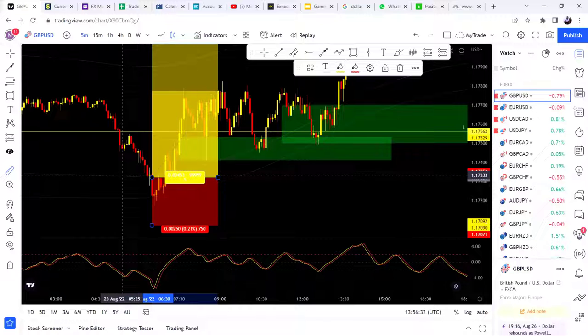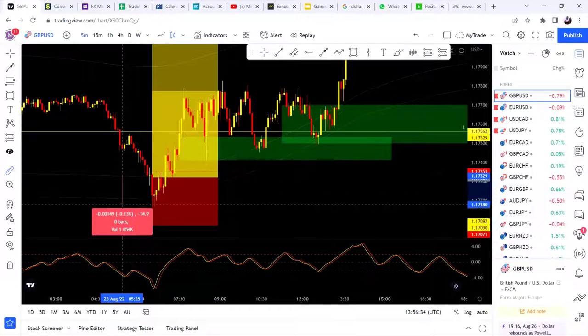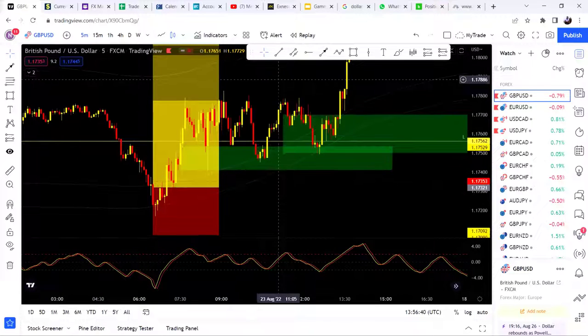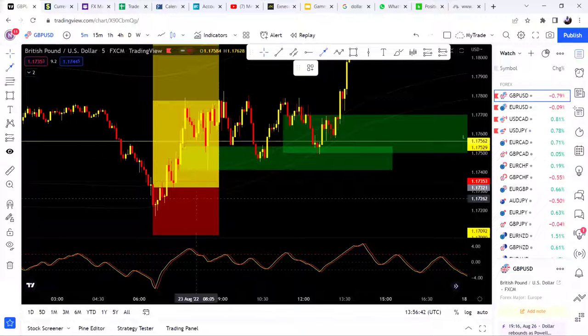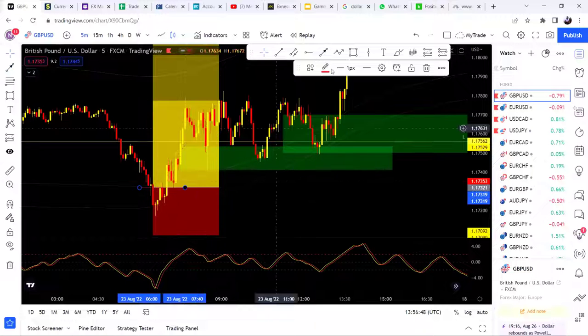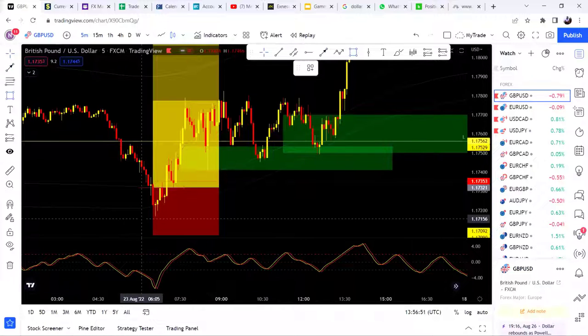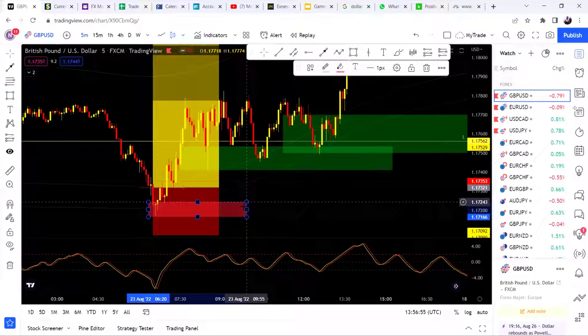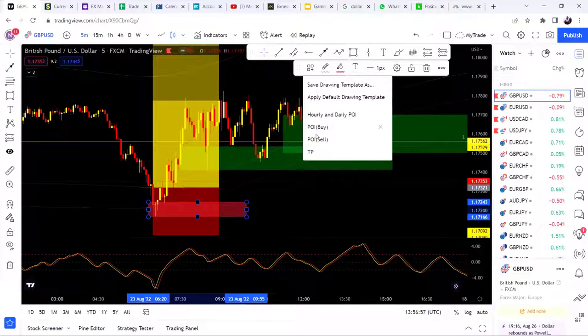My drawdown was about 15 pips, and price started moving in my direction. Then, assuming I missed that entry, I just wait for certain high to be broken. This high was taken out, so I would have this level as a monitoring POI that I want to enter.